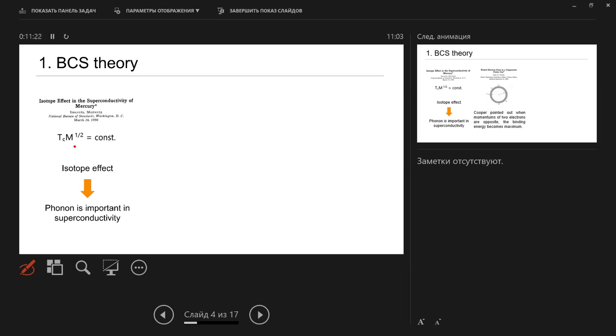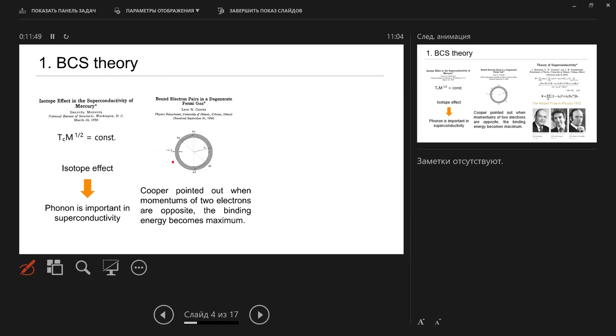And then people started to realize that the phonon can mediate an attractive interaction between the electrons, which should be repulsive. In this period of time, Bardeen and Pines did much work on the scattering between the phonon and the electron.